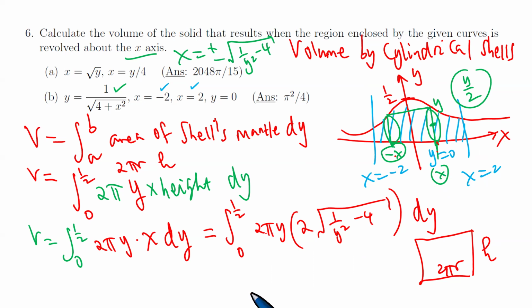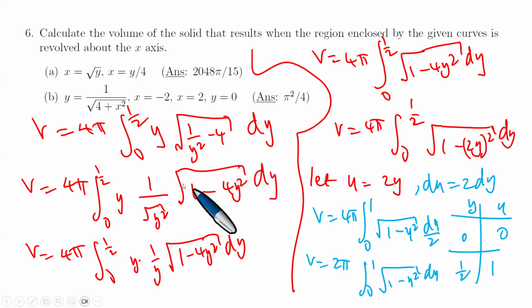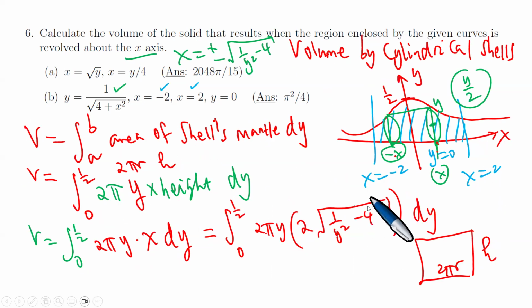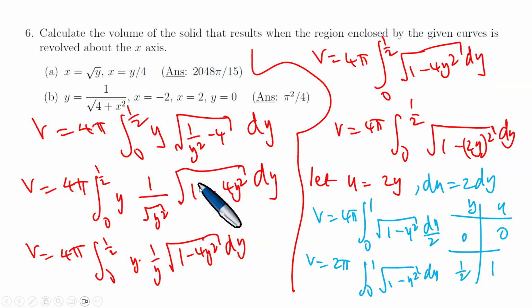So if it is dy, then it's 2 pi y times the height, where x is the height. You have negative and positive x. We made x the subject, so x is plus or minus the square root of 1 over y squared minus that, and then you got exactly this here.